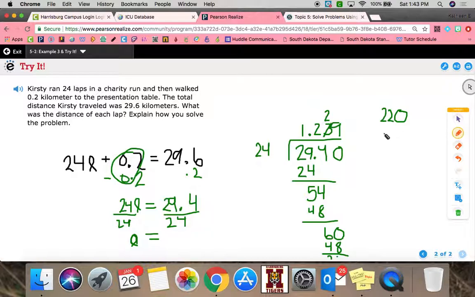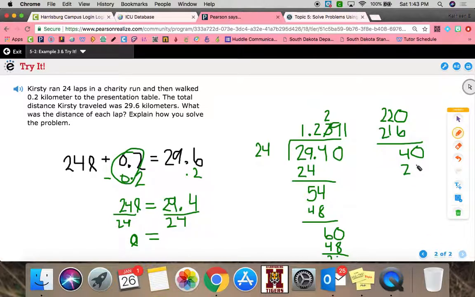So we have 240 minus 24, 216. Is a 4, 0. So we would have 1. And at this point, you can just stop. If it doesn't look like there's an end in sight, just stop.